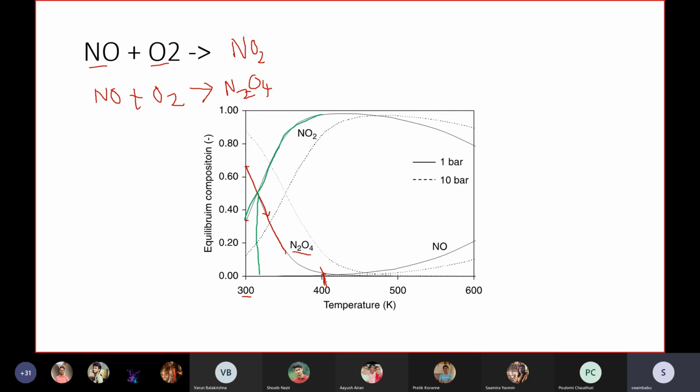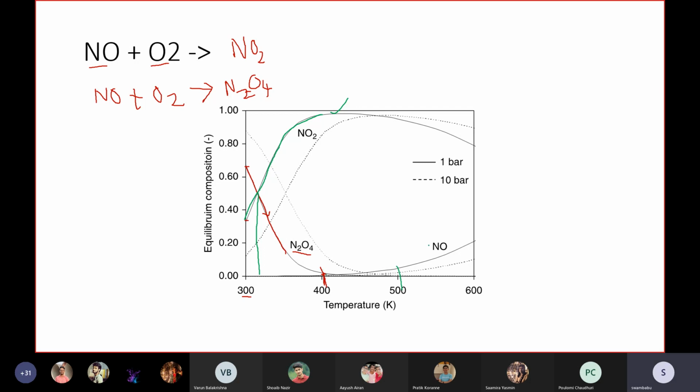At temperatures close to 400 Kelvin, NO2 is dominating. NO2 is very high and N2O4 is very, very low. So this equilibrium data suggests that we need to carry out this process at temperatures between 400 and 500 Kelvin.